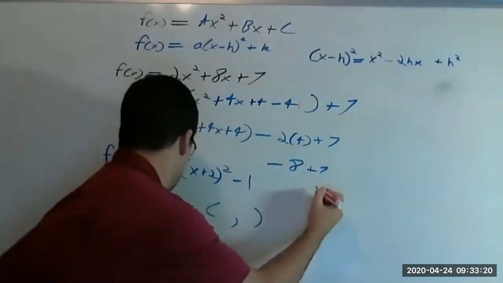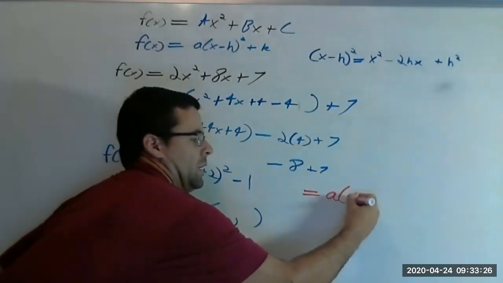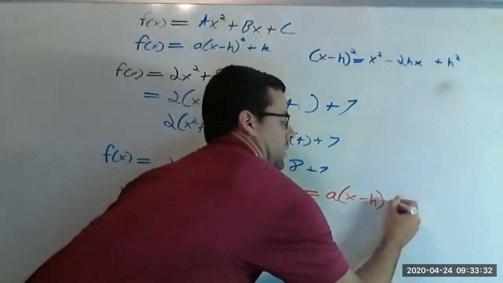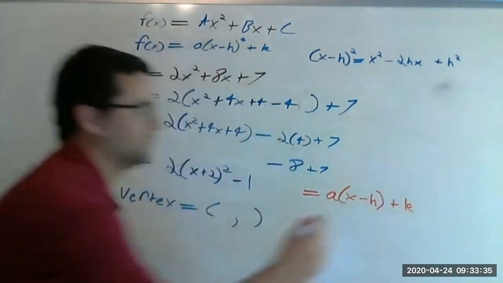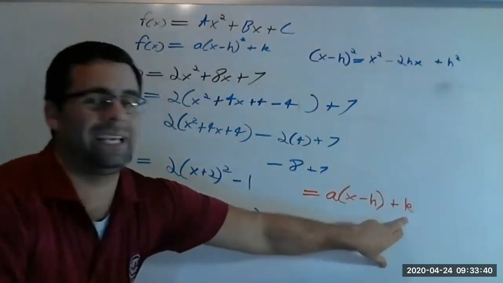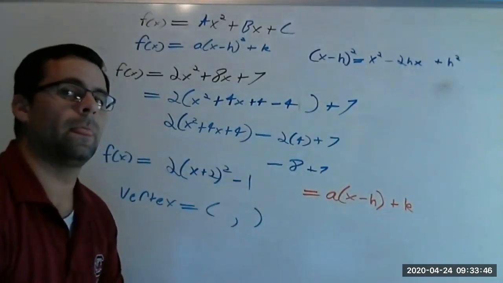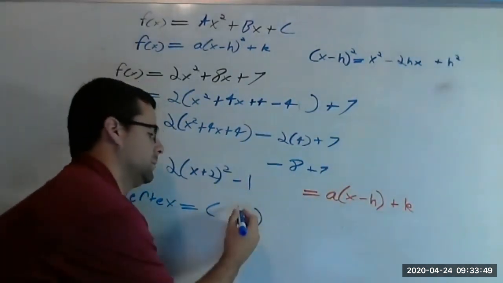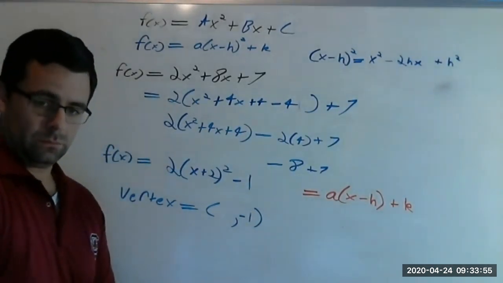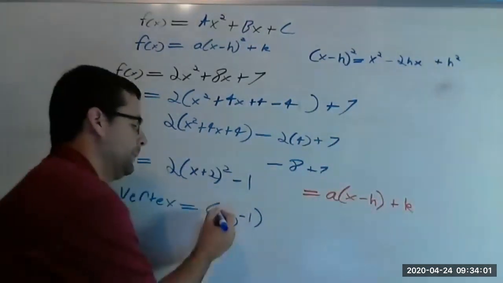If you look at it in the other form, you have x minus h plus k. So what is k in this equation? Negative 1. Very good. And what is h? Right, negative 2. Very good.